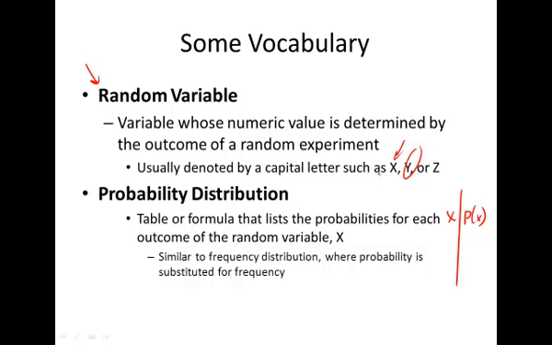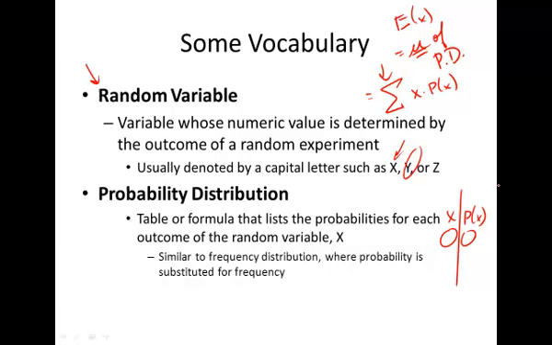So the expected value E is going to turn out to be the mean of the probability distribution, the mu, right? The mean value of that probability distribution. The way we calculate it is the sum of all the X times P of X's. So I would take all of the numbers here and multiply them by their corresponding probabilities and then add those up. Remember, the sigma means sum. Add them up.